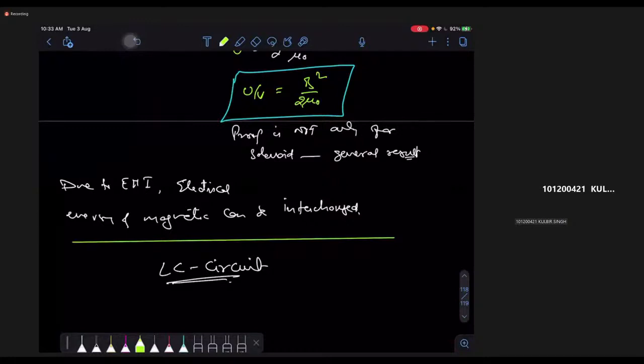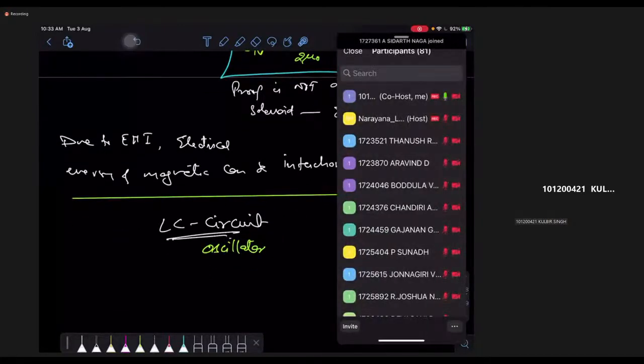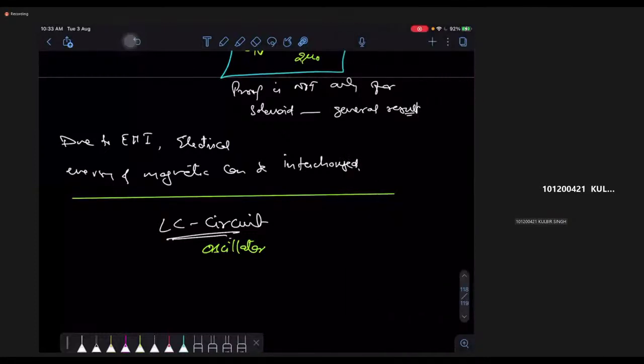Because the energy goes from electrical to magnetic and magnetic to electrical, it is also going to have an oscillatory nature. So in some books, they write LC oscillators, right? Its working is quite easy, but it plays a very important role in nature.